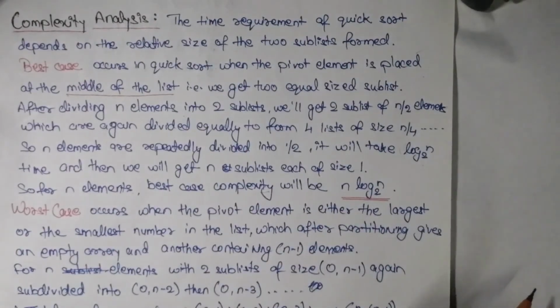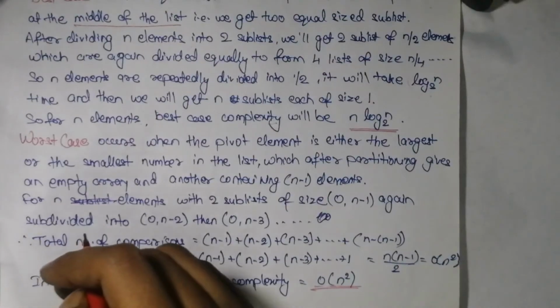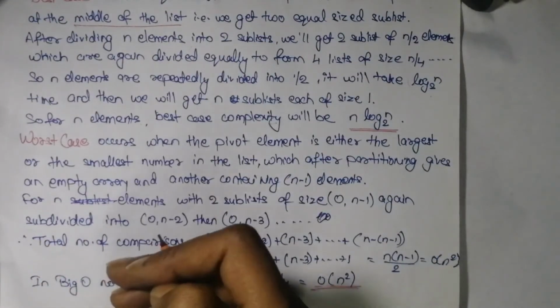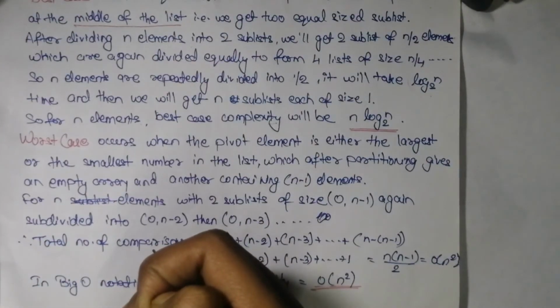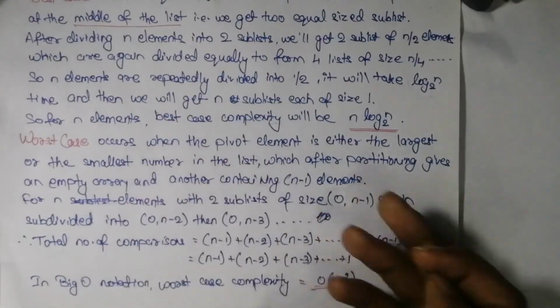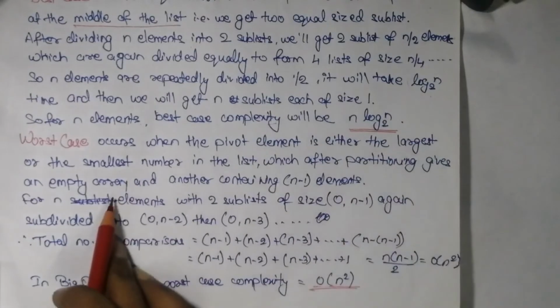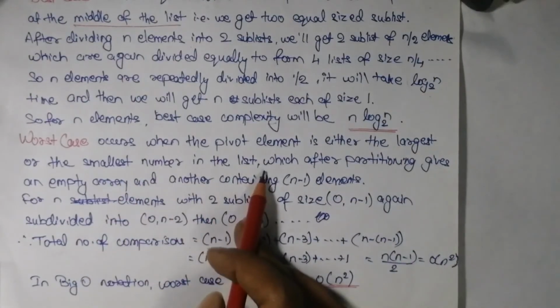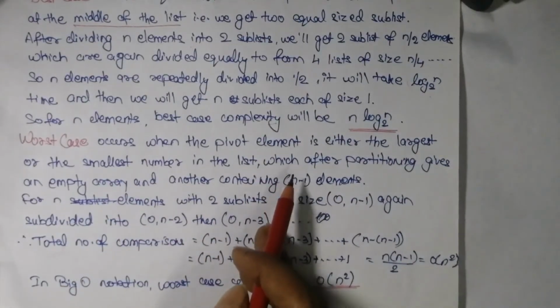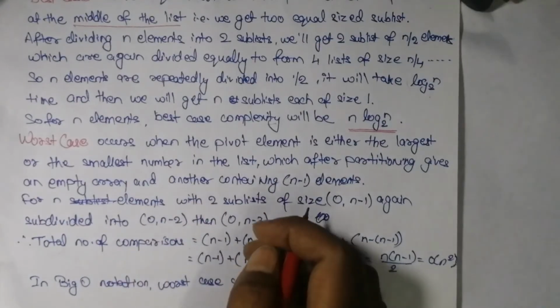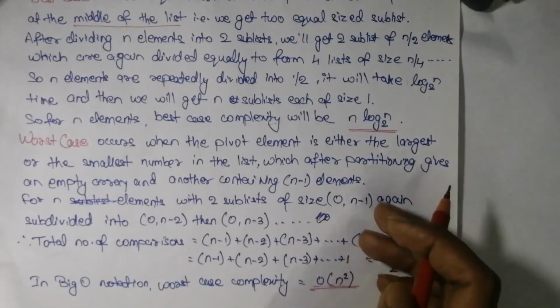Now the worst case. For the worst case, consider the scenario in which we choose the element as pivot which is the largest or the smallest. That means when the pivot element is either the largest element or the smallest element in the list, then it will be the worst case. And after partitioning such a list, we will get two subarrays.